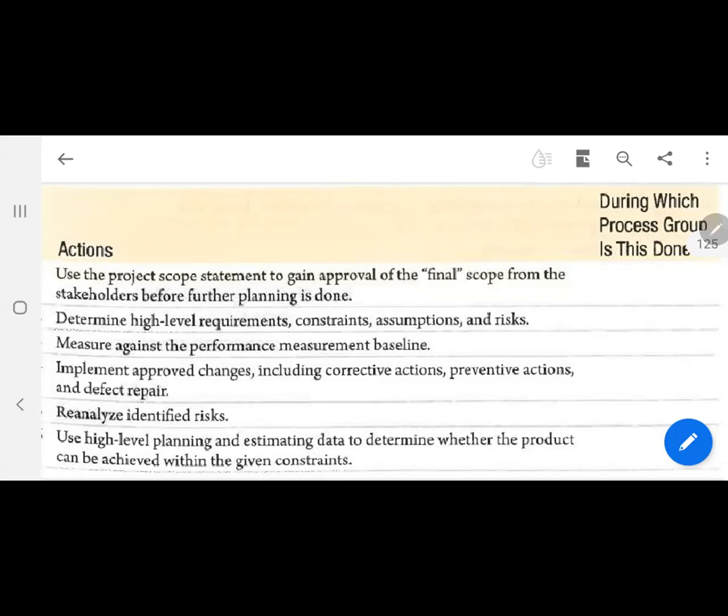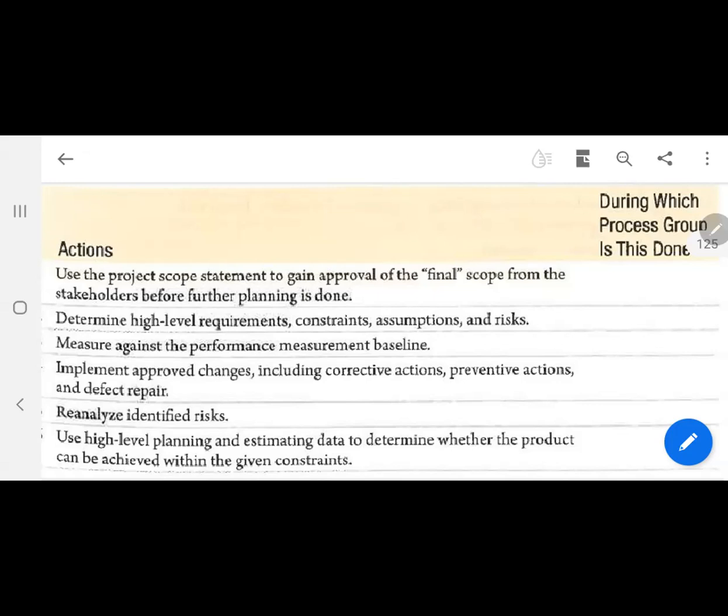Remember, before further planning is done, use the project scope statement. That means you have already defined the scope, and then what next? You gain approval of the final scope from the stakeholders before further planning is done.